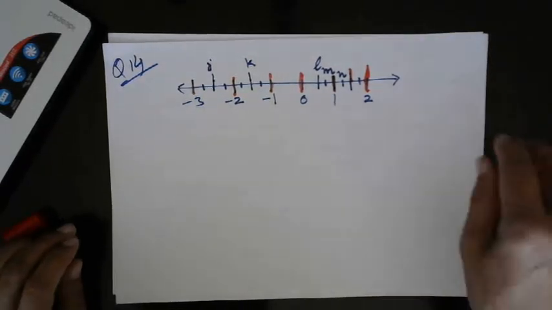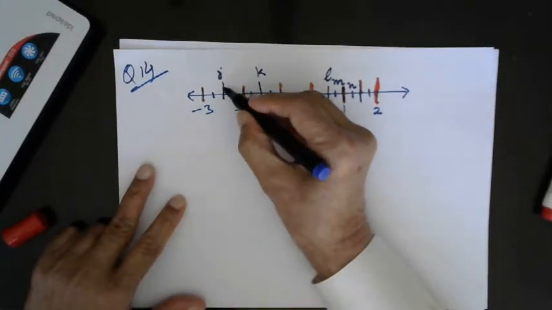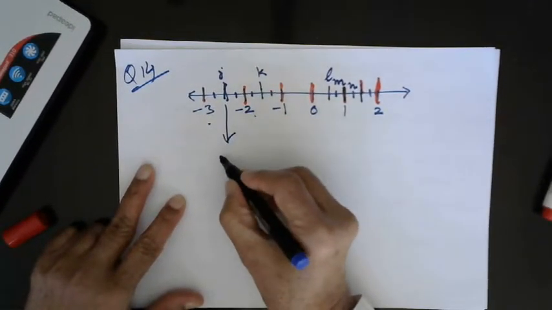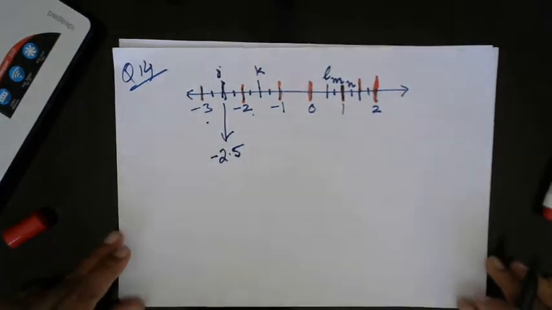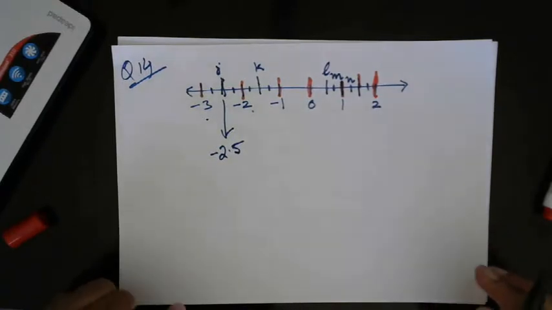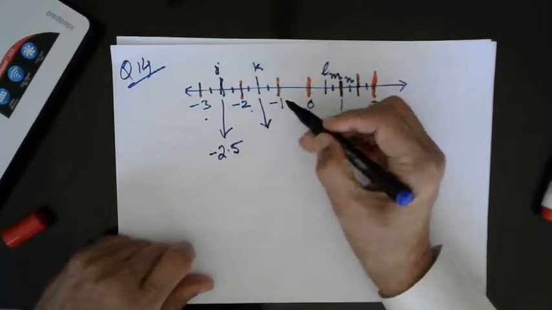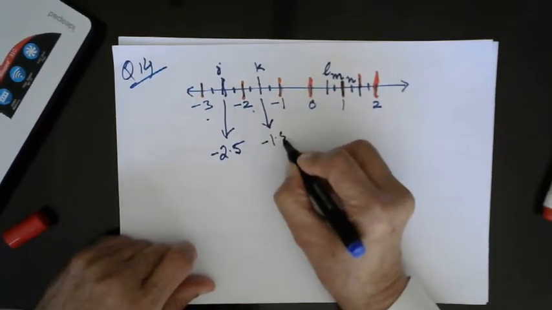Now, if you look at this point, this is in between -2 and -3, so the coordinate must be -2.5. If you look at this point, K, this is between -1 and -2, so it must be -1.5.